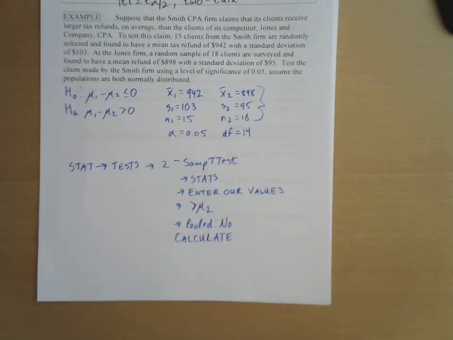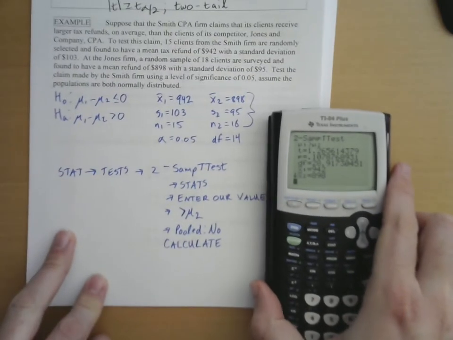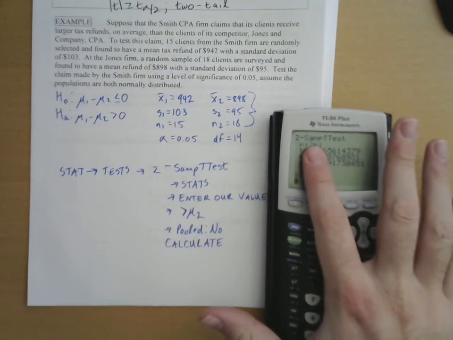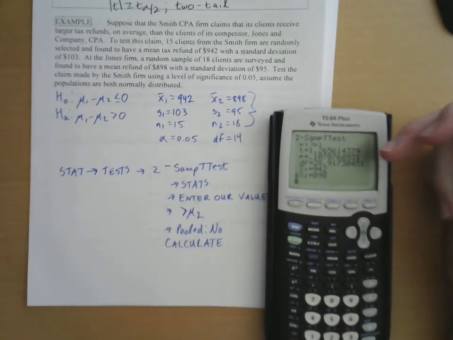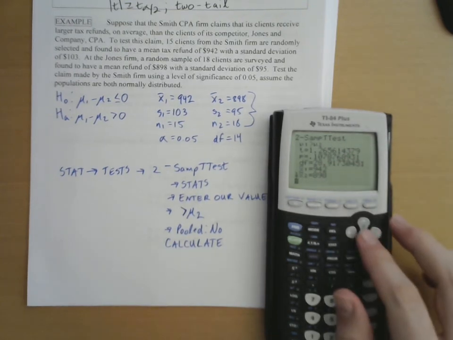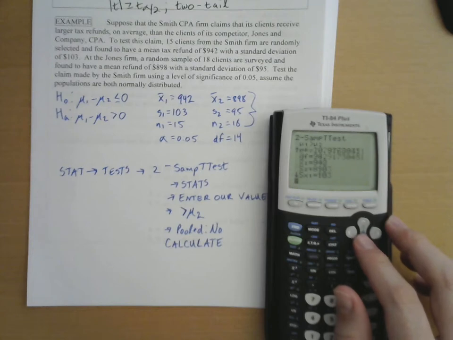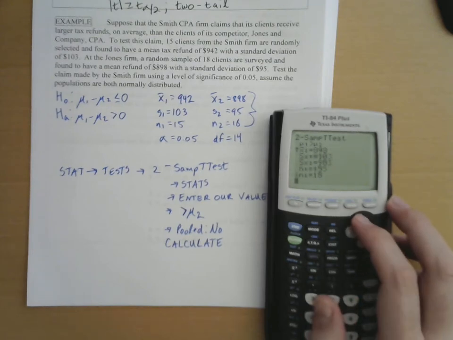And let's see, I might as well just show you while you're doing this. I already have it run. Here we go. So a couple things. You can make sure that you have the right test. We are right tail mu1 greater than mu2. We have our t-score, we have our p-value. We'll come back to the degrees of freedom. Our x bar 1, x bar 2, sx1, sx2, n1, n2, all of those are just repeated.